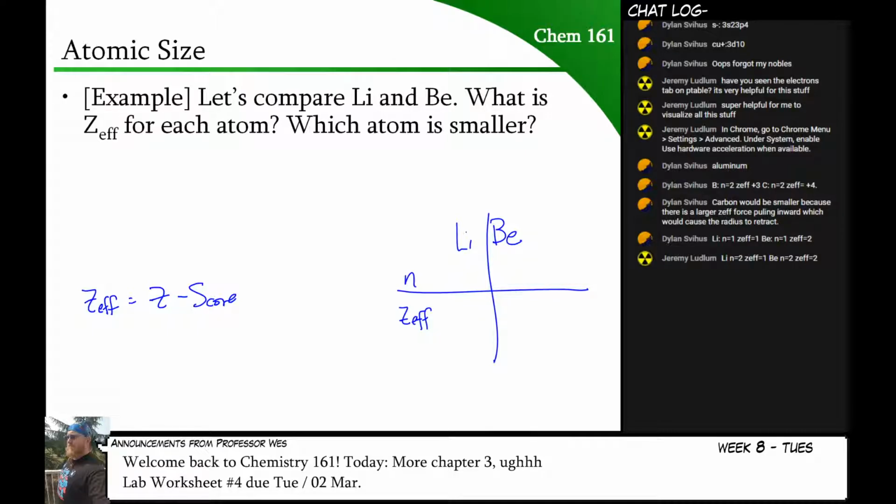Now, which atom is smaller? While you're typing that in, I'll go over the answer here.